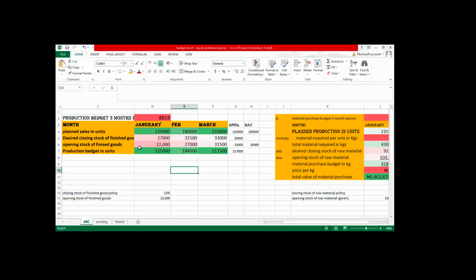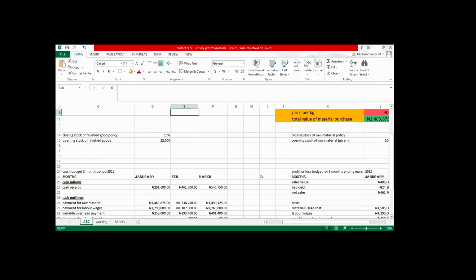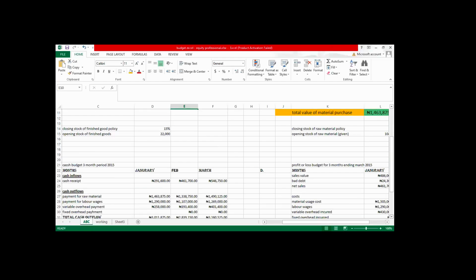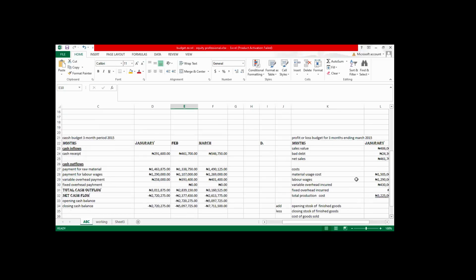Now, let us go to the cash budget. Excel is a powerful tool. Let's go to it. Don't worry, ignore the figures.